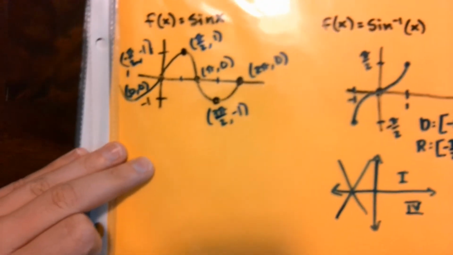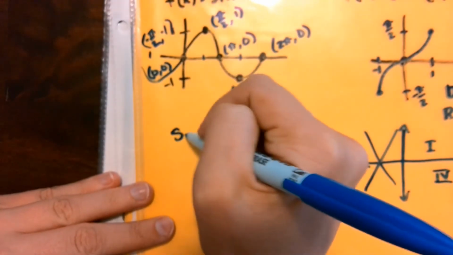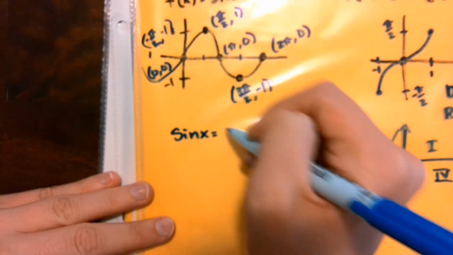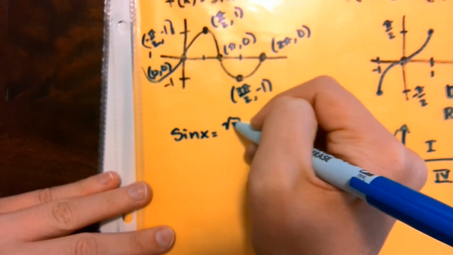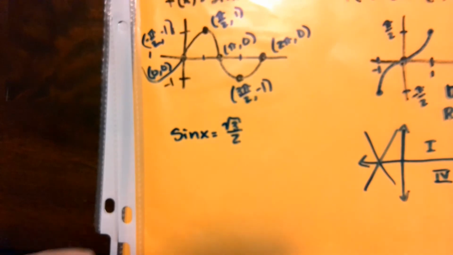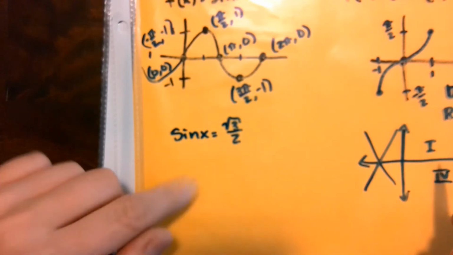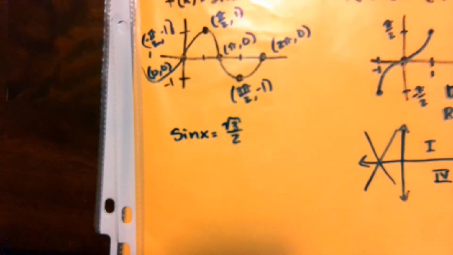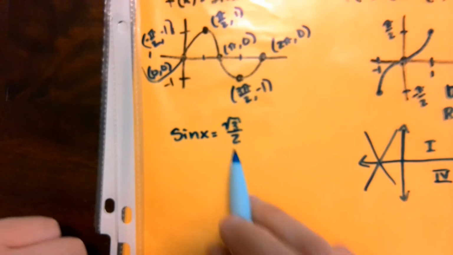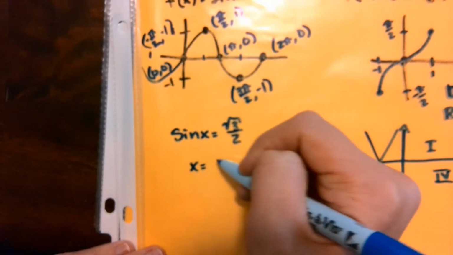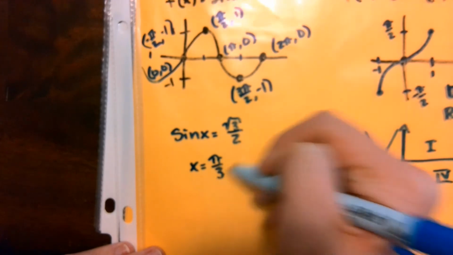So if we were to look at maybe sine of x equaling radical 3 over 2, since it's positive, we know that if we take the inverse, we're going to get that angle in the first quadrant. So that tells me that my x is pi over 3.